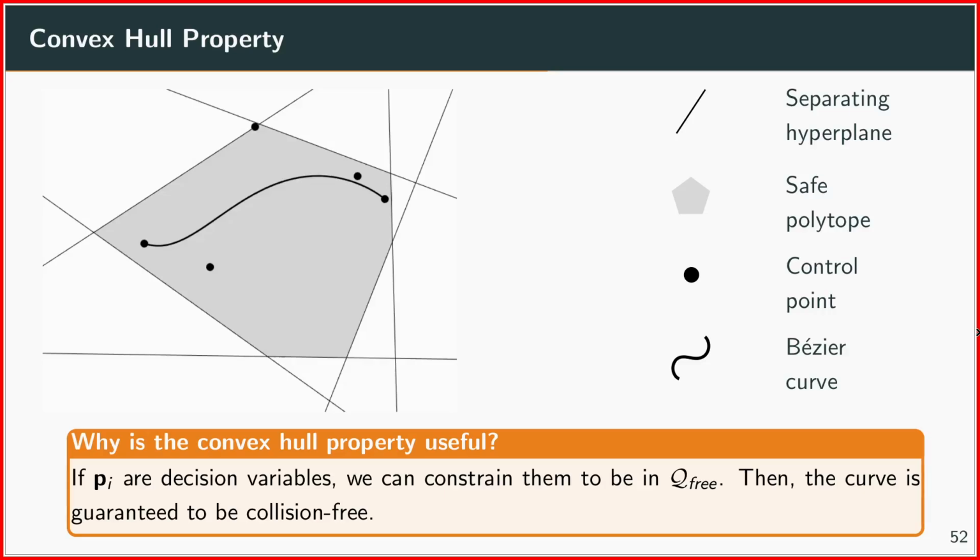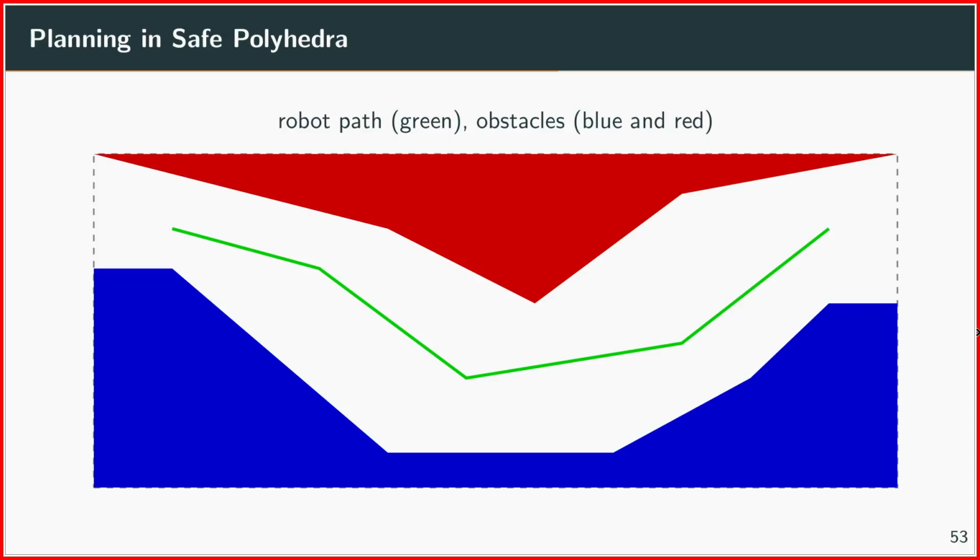So whenever you have a region in your configuration space and you know that this region is free, and you know that all the control points are in there, then you can also be sure that your Bezier curve will be feasible. So in the end your curve is guaranteed to be collision free, and this is a very nice property, of course, to have.